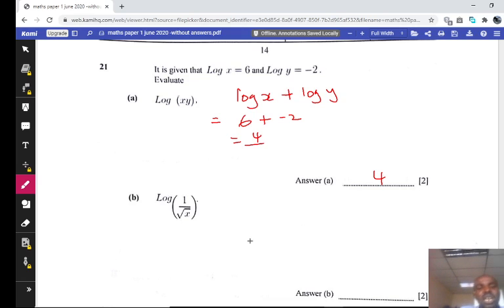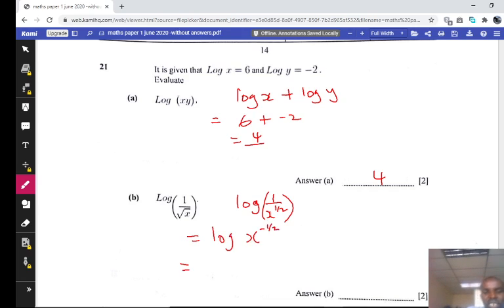Then next, log of 1 over root x. This one, you apply the laws of indices. First, 1 over root x is what? Root x is x to the power half. That's what you do first. Then after that, you apply the laws of indices, so it will be log x to the power minus half.